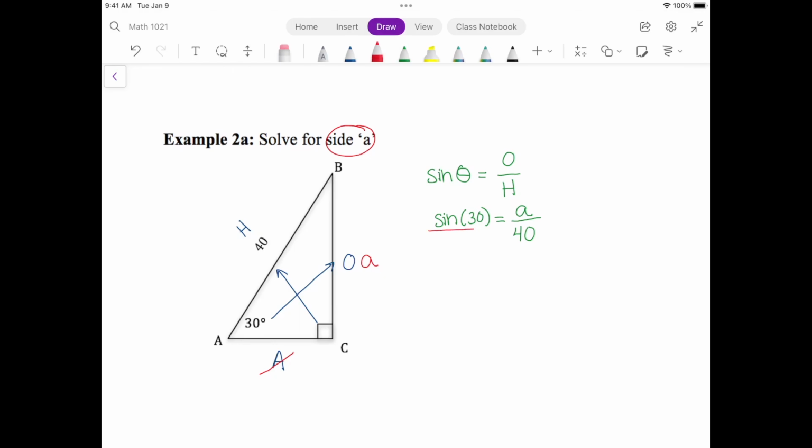So we're going to think of this side as being over 1, and I'm going to cross multiply in order to expand this out. So 1 times A is just A, and this side is going to be 40 times the sine of 30. And I get 20. So side A is 20.